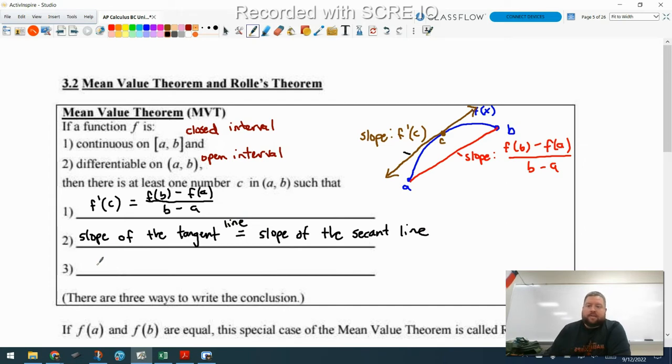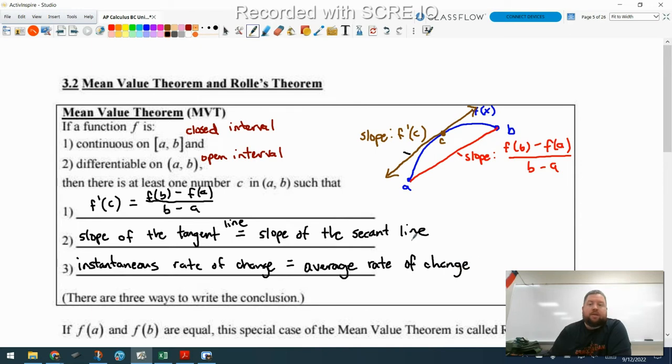All right, or you can say the instantaneous rate of change equals the average rate of change. So any of those three versions are acceptable. We are going to be mainly using the top version of this.